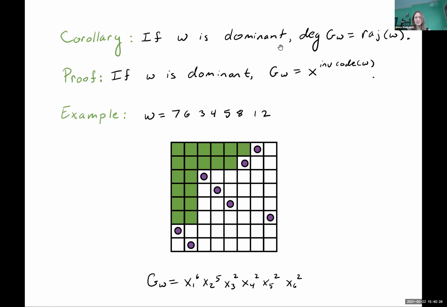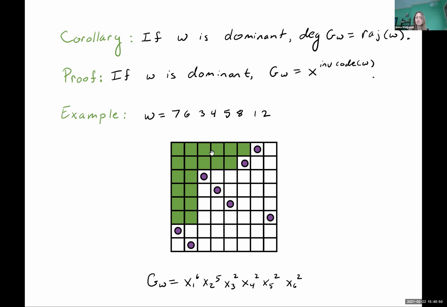And also, dominant permutations have really easy Grothendieck polynomials. It's well known that the Grothendieck polynomial for a dominant permutation is just this monomial, which is x, maybe a bold x, raised to the inv code, which happens to be the Rajchgot code. So here I've written this monomial for this dominant permutation.